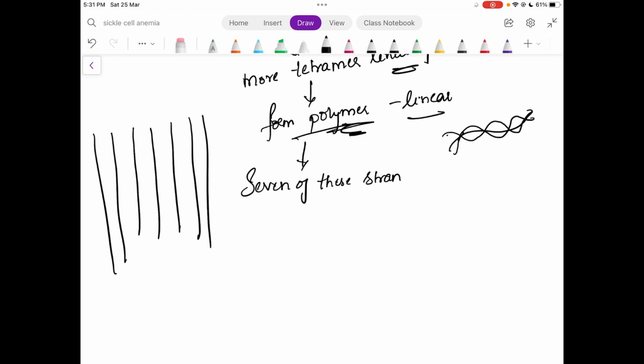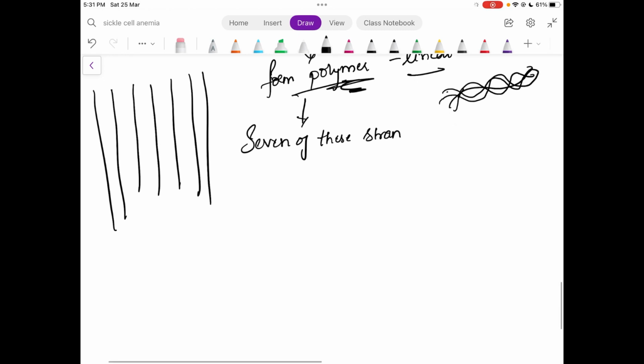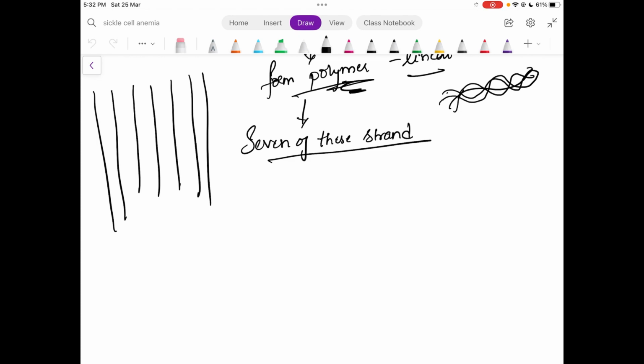All these together, they will form a polymer. 7 of these strands associate together and they will form a fiber.